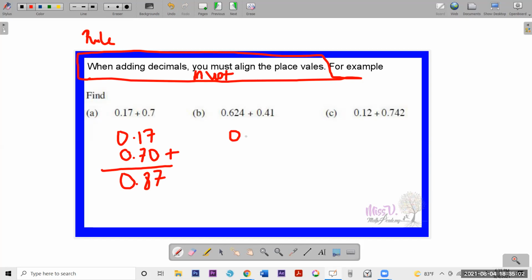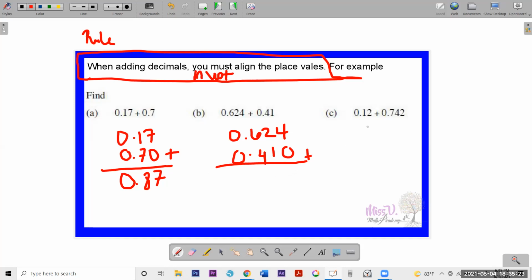Let's go. Next one, you do the same thing. You align, you set it down, 6.24. The 0 aligns with your decimal place, 4, 1. And then you add a 0 here to take up that space. So what would be our answer for this one, guys? Anybody got the answer yet? Let me see.